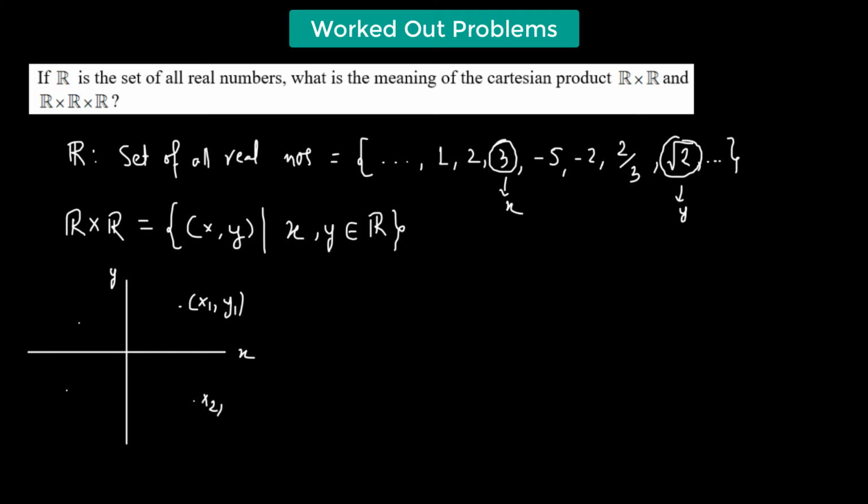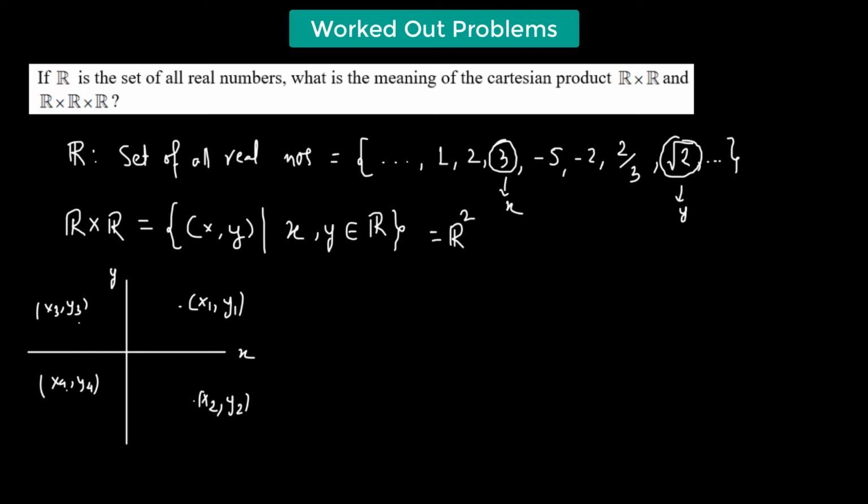The second point is x2, y2. The third point is x3, y3. And the fourth point is x4, y4. So these are the different points that can be located on the Cartesian plane, and that is the meaning of R cross R. This is also simply equal to R squared. So this is a two-dimensional space that we're talking about.